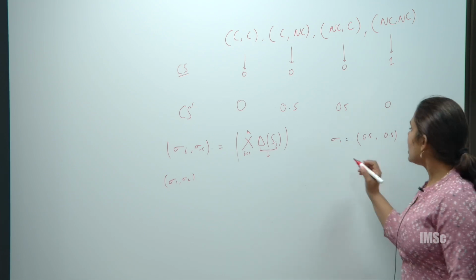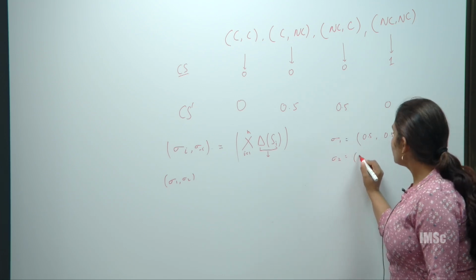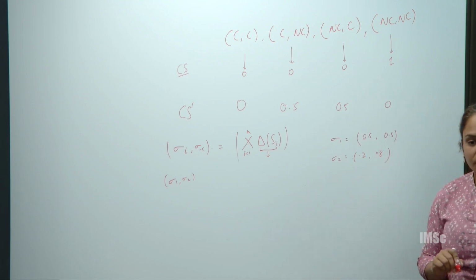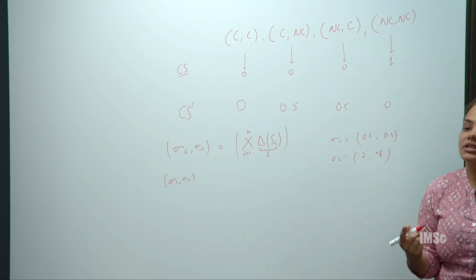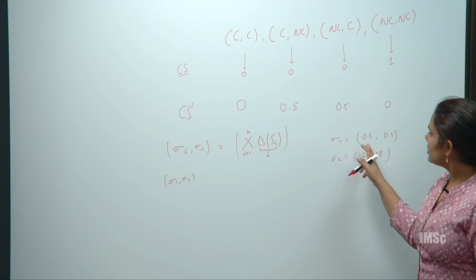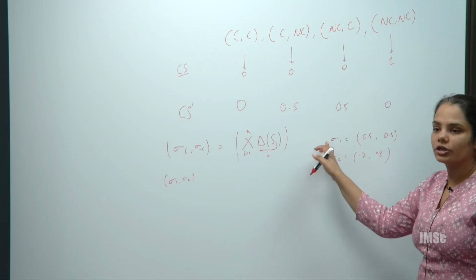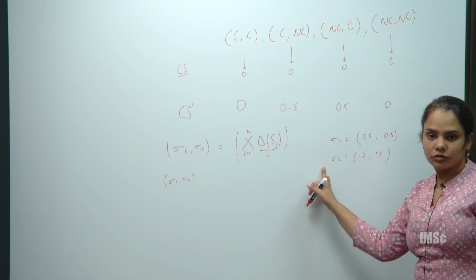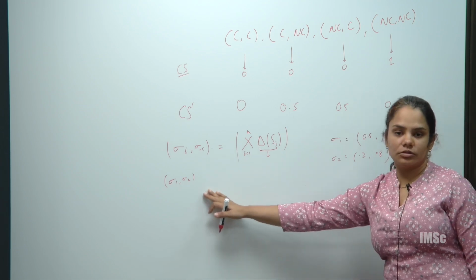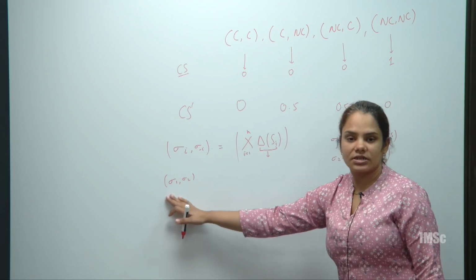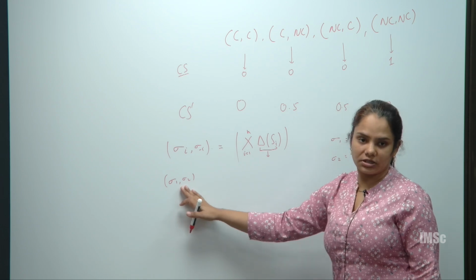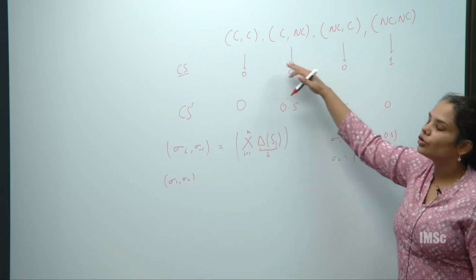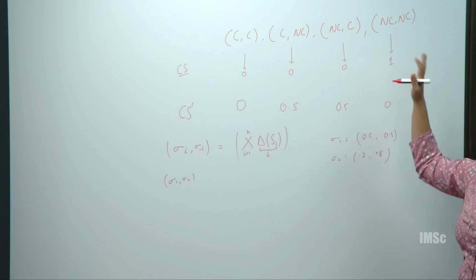Similarly, sigma 2 could be 0.2 to C and 0.8 to NC. Then your mixed strategy is basically the Cartesian product of sigma 1 and sigma 2, where sigma 1 could be any mixed strategy and sigma 2 could be any mixed strategy. Whereas a correlated strategy is a distribution over the strategy profiles.